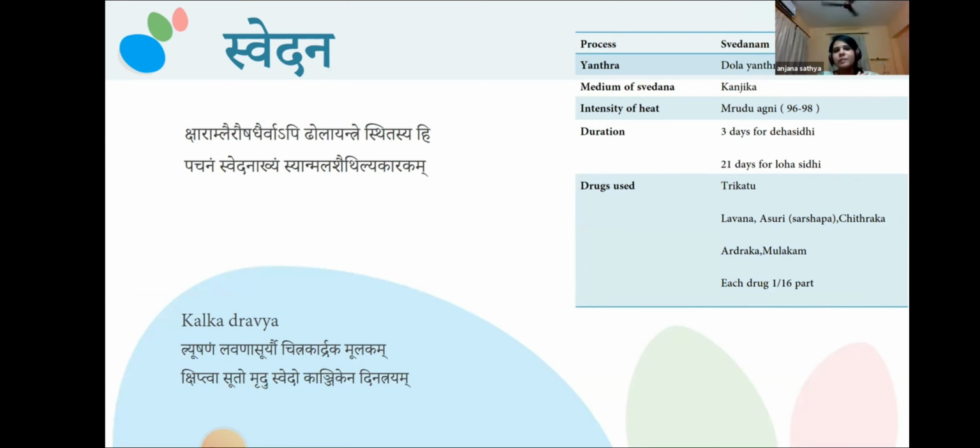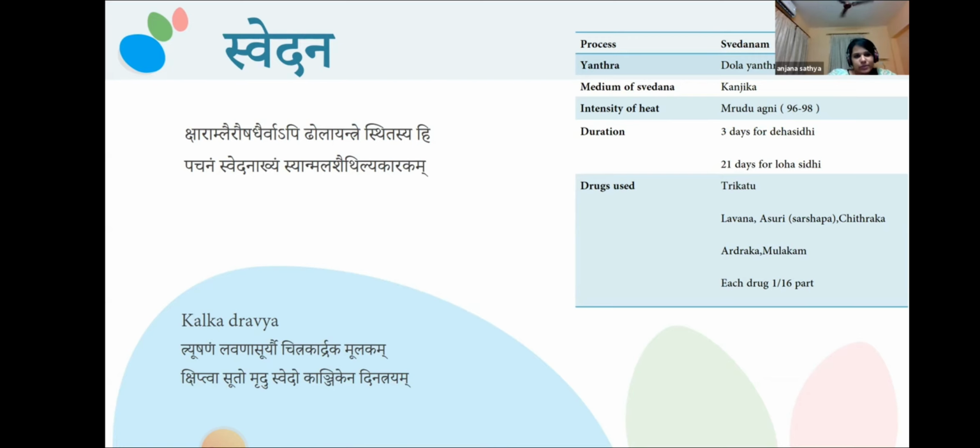So the first level will be the preparatory or pre-procedure phase. In that phase, we will be doing the procurement of the raw materials and preparation of the raw materials into kalka. All those preparatory processes will come into level 1. And then the second phase or second level will be the actual process. In case of Ashtasamskaras, it will be Svedana, Mardana, Murshana.